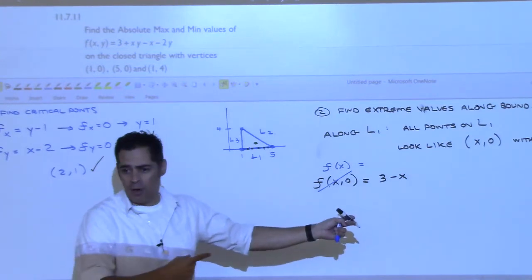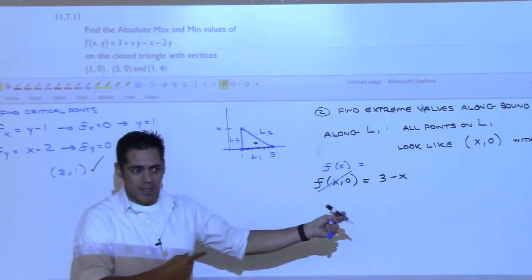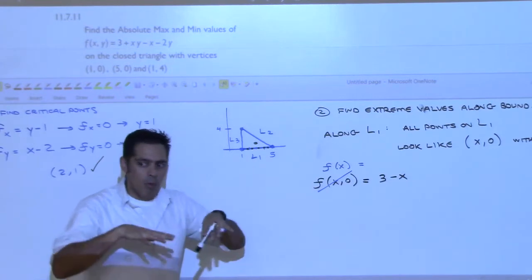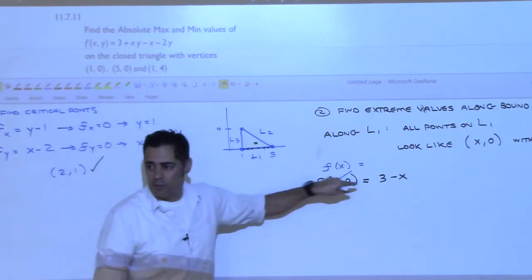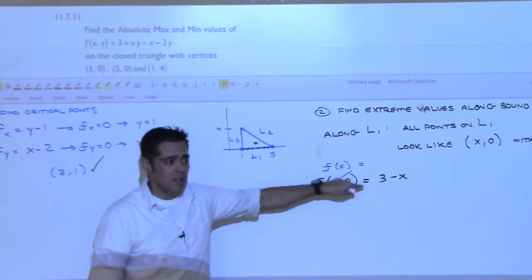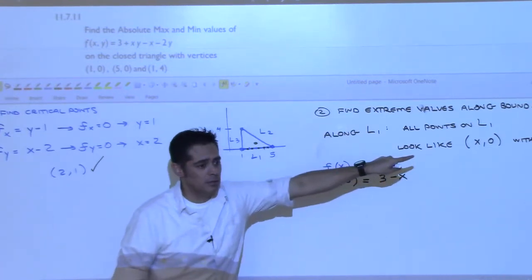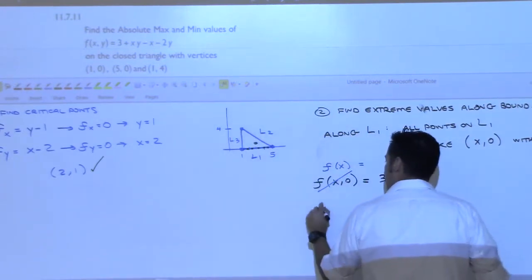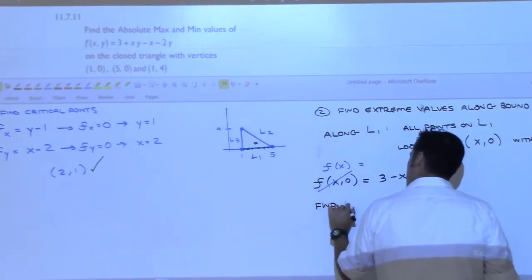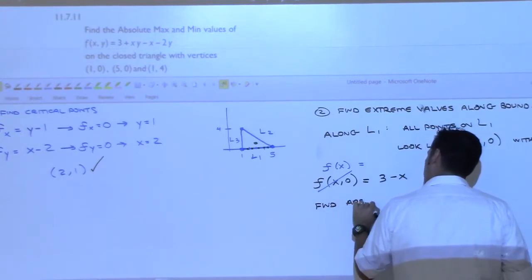Because that's a Cal 1 problem. So what we're going to do now is Cal 1. I'm going to find the absolute max and min of this function on that closed interval. Make sense? Sure.